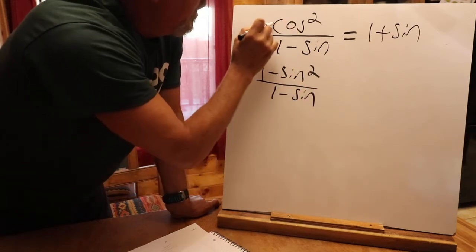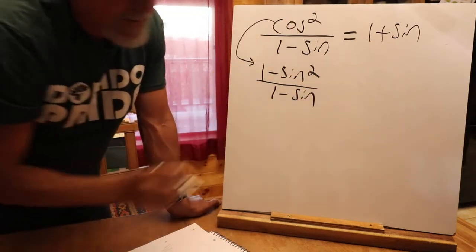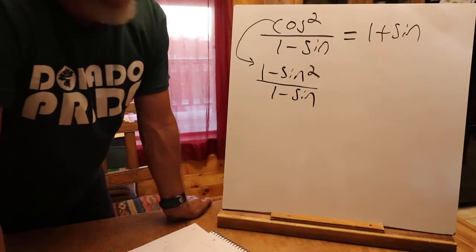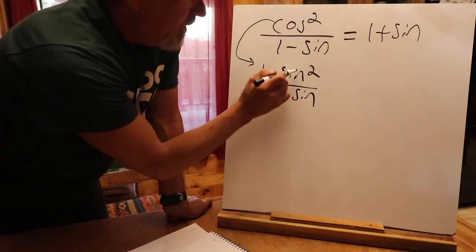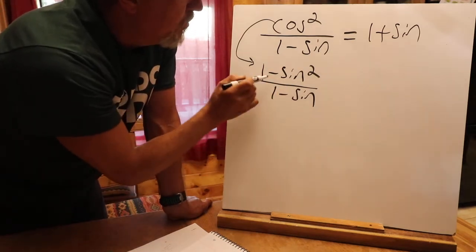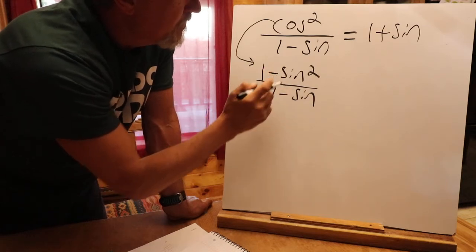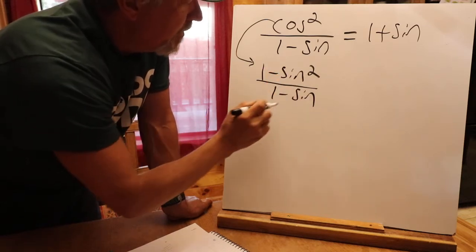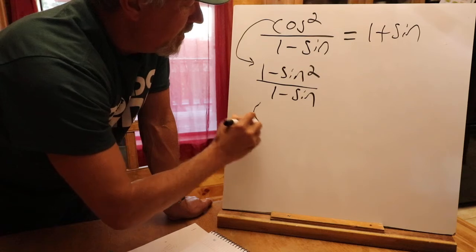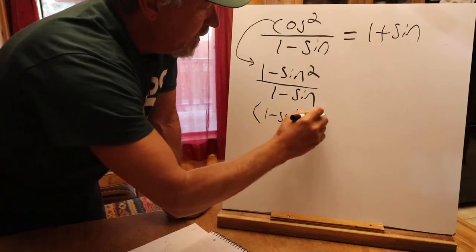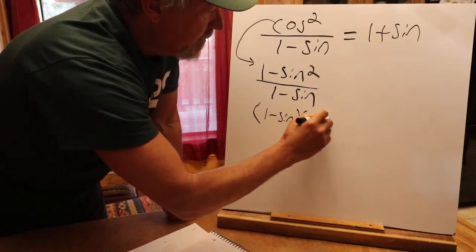So that cosine squared, using the Pythagorean identity, became 1 minus sine squared. Now remember, you can't cancel parts of fractions. Like I can't cancel these sines out, I can't cancel the ones out, nothing like that. But this factors. If I take the 1 minus sine squared and I change it to 1 minus sine times 1 plus sine, it's a difference of squares.